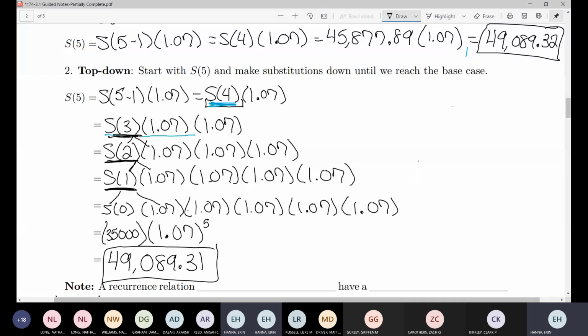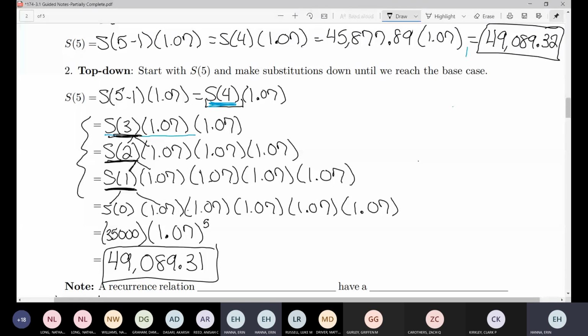So first off, teams, the question was, do we kind of have to keep writing these intermediate terms, or can you jump from one to the bottom if you see how it's going to lay out? In this case, that 5 comes from the number of years, just because that's the pattern we have going on. Sometimes we'll have more complicated ones. But since this one is simple enough, it's 1.07 times the thing before it, if you can tell in your mind where it's going to go, jump from one to the other.